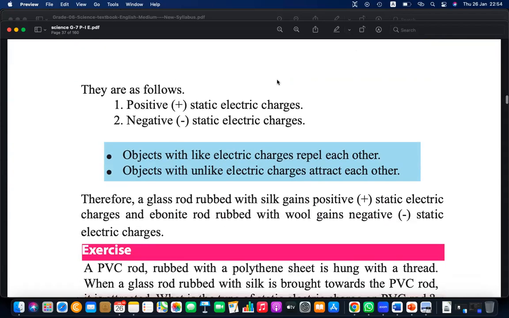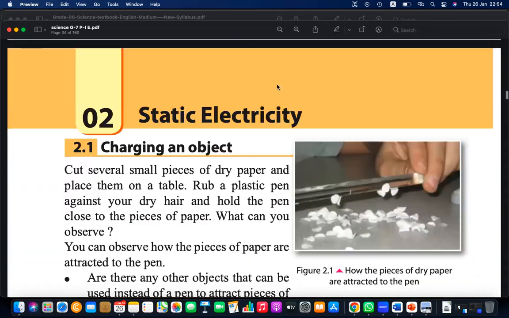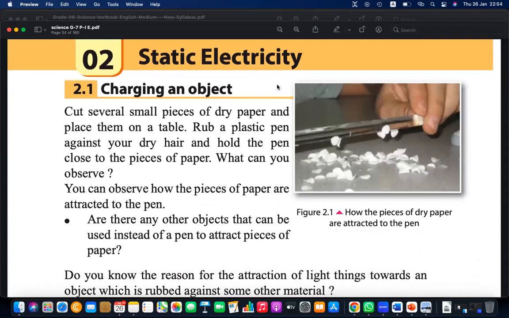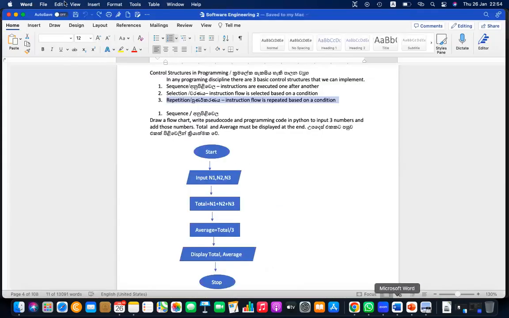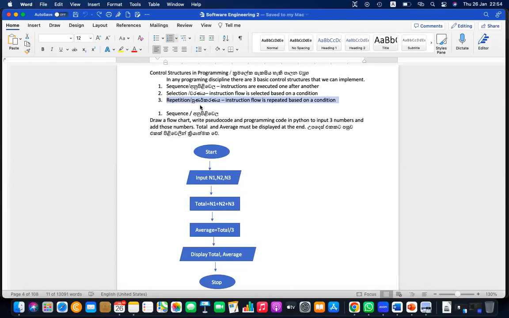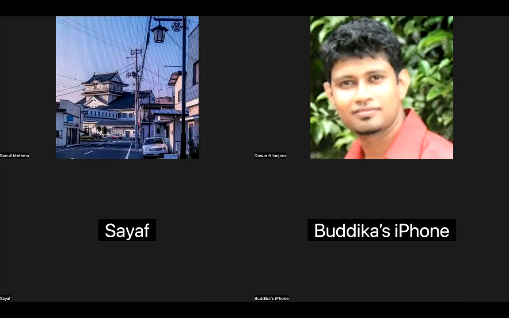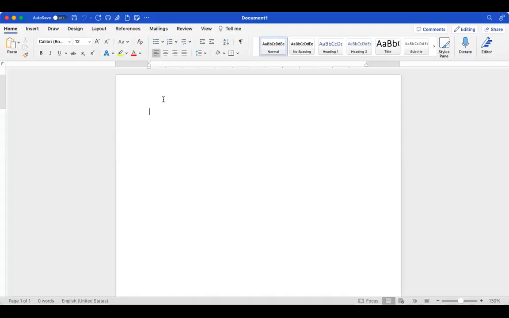Okay, let's write down the heading: Static electricity. The important points only, right? No need to write down everything, just write down the important points. The topic is static electricity.